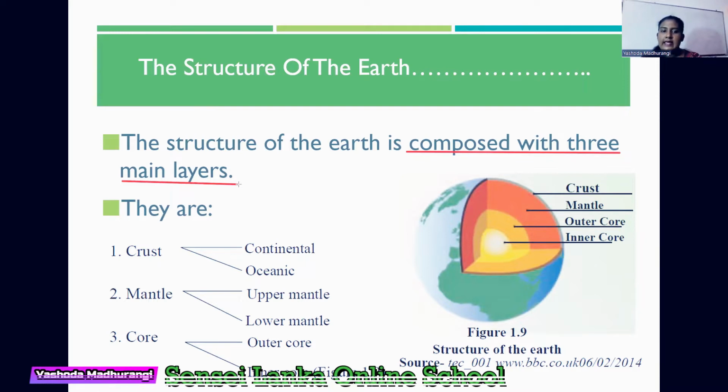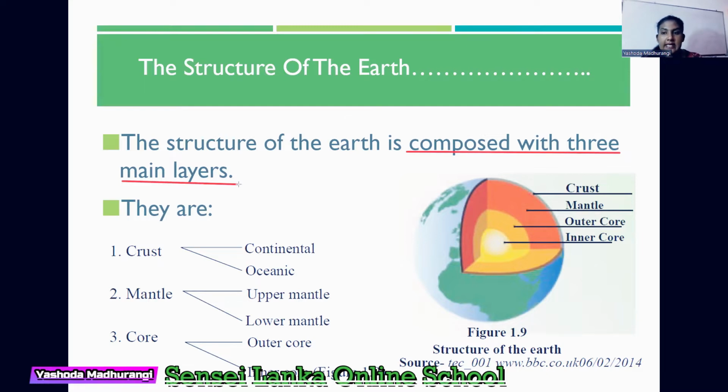What are these layers? They are crust, mantle, and core. Look at my screen. Crust, mantle, and core.